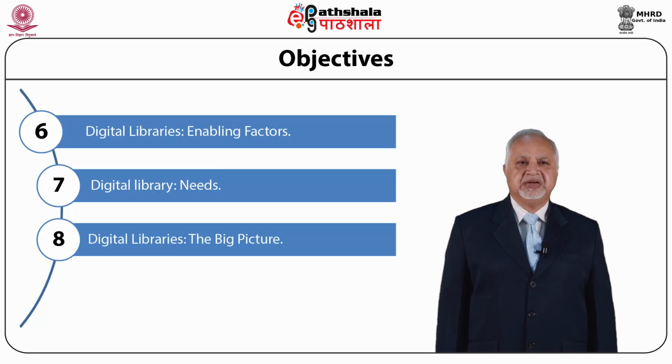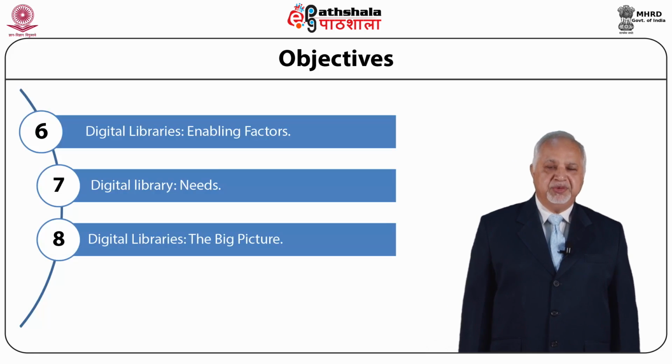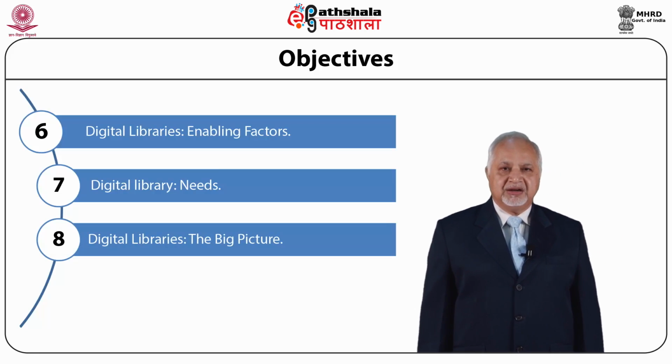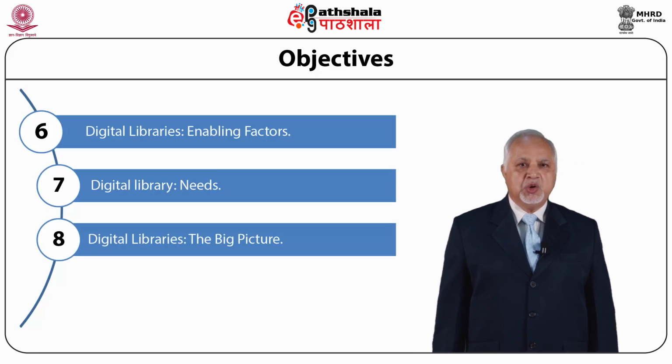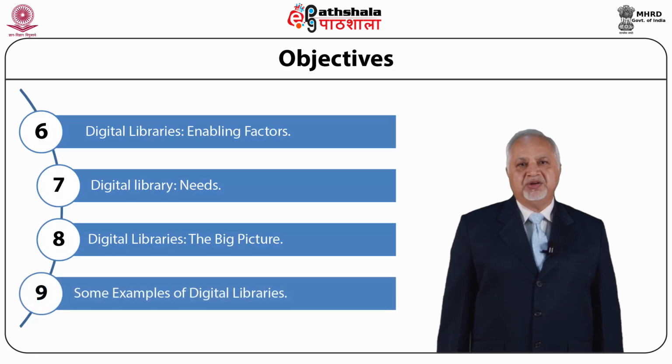The big picture of digital library with important components like network, like computers, like digital collections that it holds, and other technologies that support digital libraries. Finally, examples of commercial, non-commercial, open access and federated digital libraries would be given in this module.